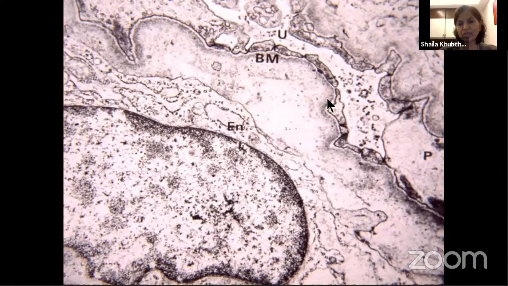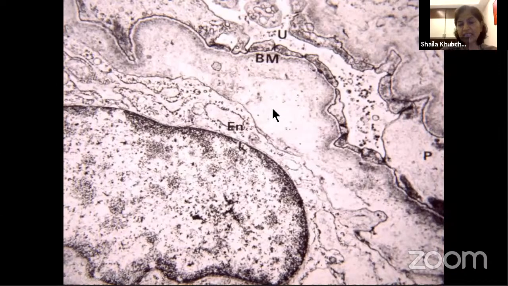At electron microscopy, you can see this is the endothelial cell, this is the basement membrane, and this is the epithelial side where you can see the foot process. And you will see that there is a definite separation that has taken place between the 2 layers of the lamina densa, and the normal organization of the lamina densa in the center, the rara externa and rara interna, is not seen.